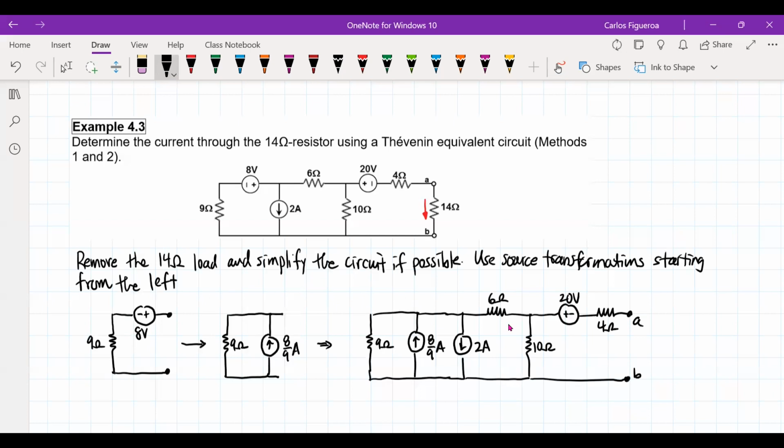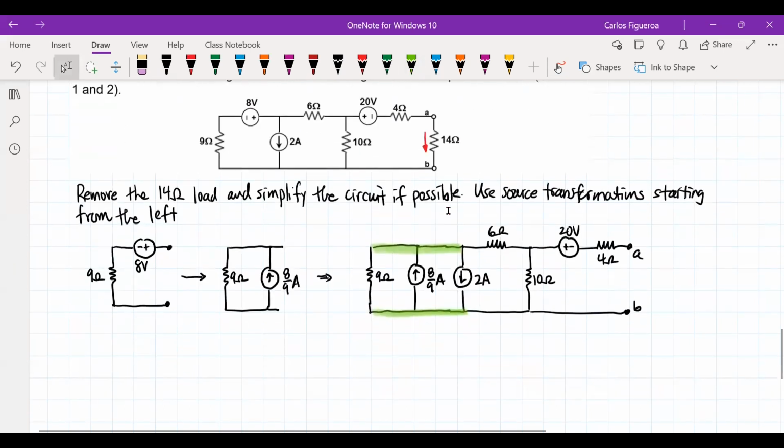What I'm going to do now is look at this branch right here and simplify it. I'm going to make that into a voltage source and a resistor in series. If I continue with my source transformations, I have a 9 and a 6 in series, so that's going to give me 15.